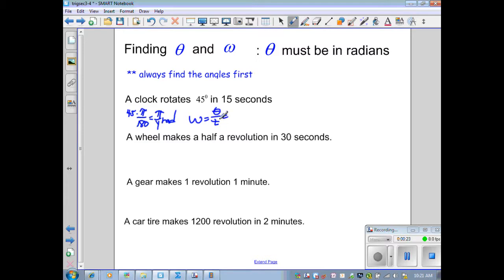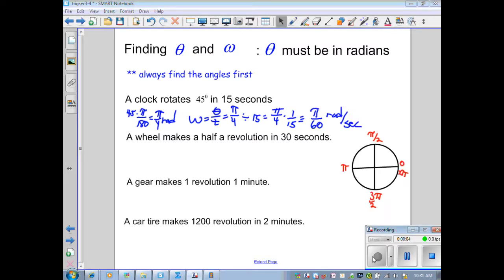When we substitute, that'll give us pi over 4 divided by 15 seconds. And then when we continue to simplify, pi over 4 times 1 over 15, that will give us pi over 60 radians per second.